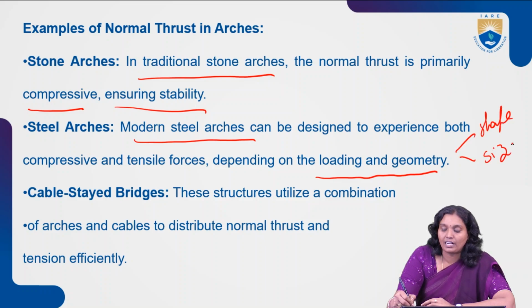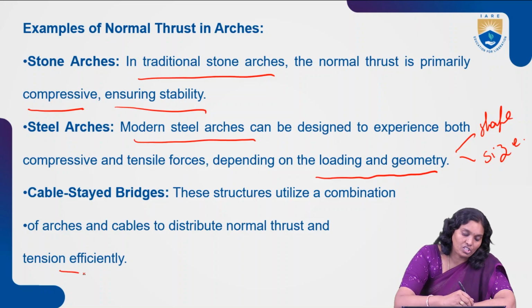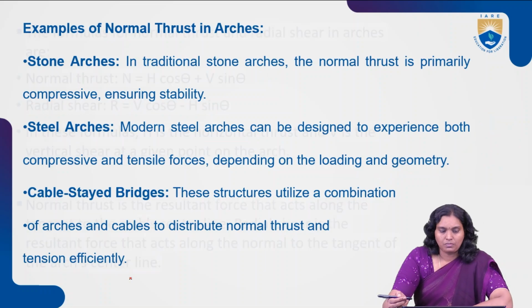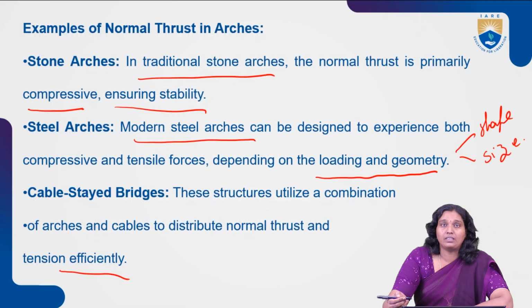In cable stayed bridges, these structures utilize a combination of arches and cables to distribute normal thrust and tension efficiently. These are some of the examples.